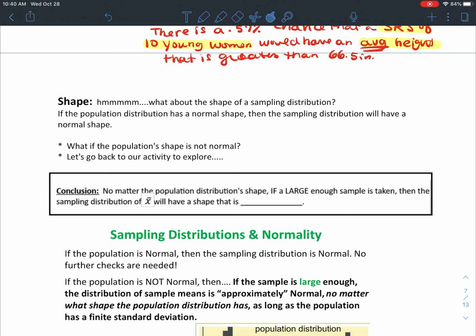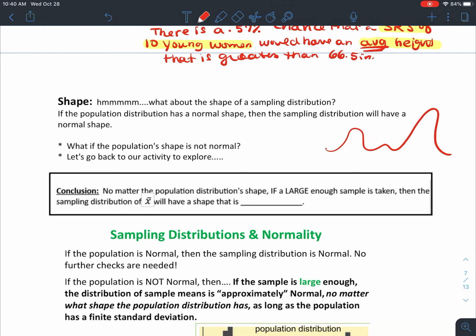So let's go back and revisit this idea of shape, because that example was looking at a normal population distribution, but what if the population shape is not normal? We go back and think about our activity where the population shape might be dramatically skewed, or even really bimodal.